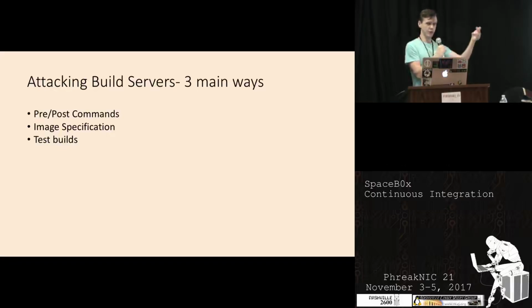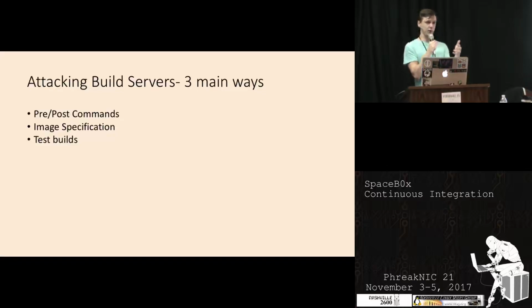So before you test your build and after you test your build, what do you want this thing to do? In most cases, this is where you can just inject raw Linux commands, and in most cases they're actually running as root. So you're allowing in these pre-post commands to just run arbitrary code, which is fantastic.